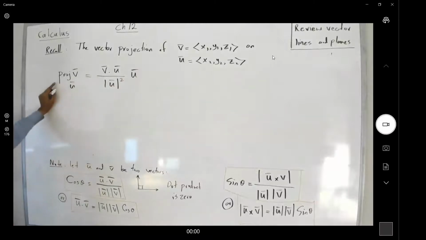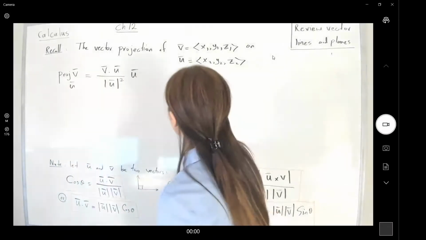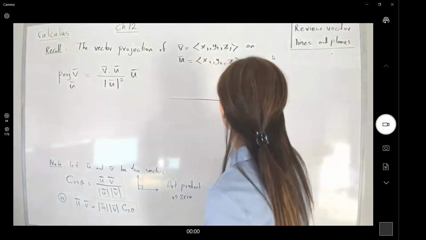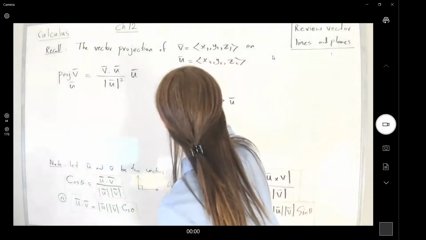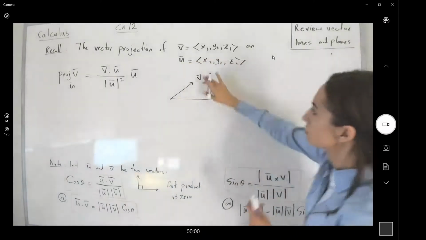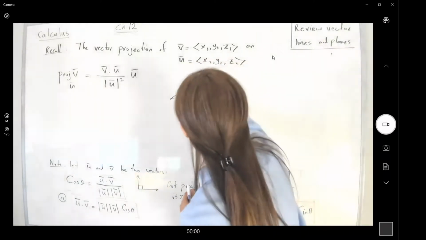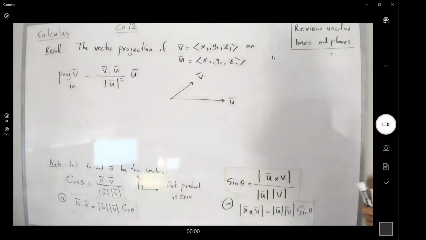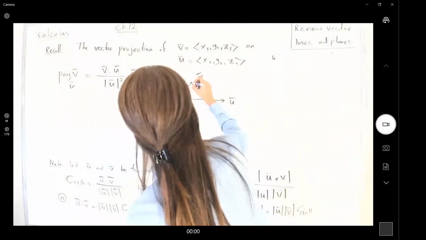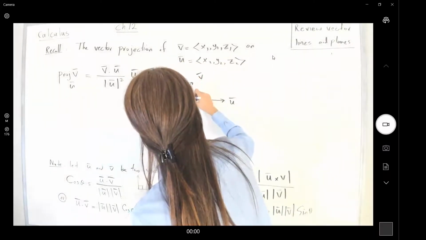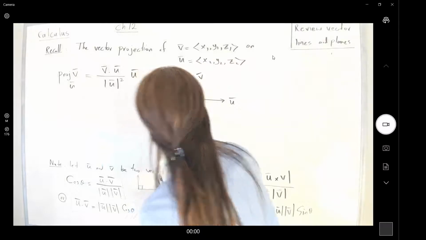So this is going to be a new vector. Suppose you have your vector U here, and here you have your vector V. You're going to project vector V over U. And this is the cosine theta.